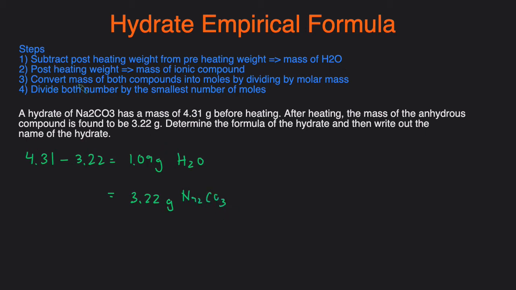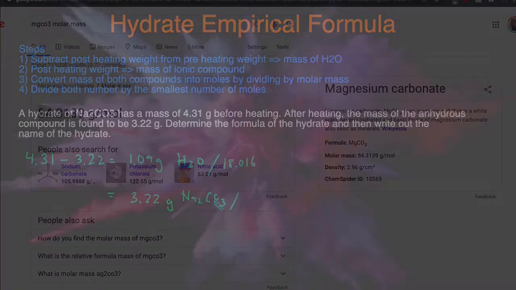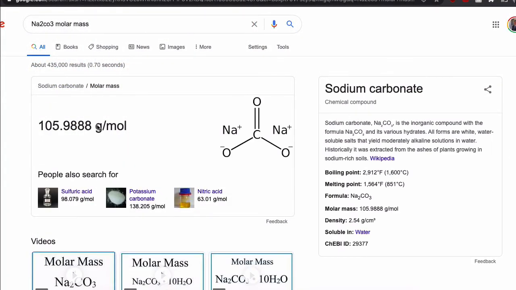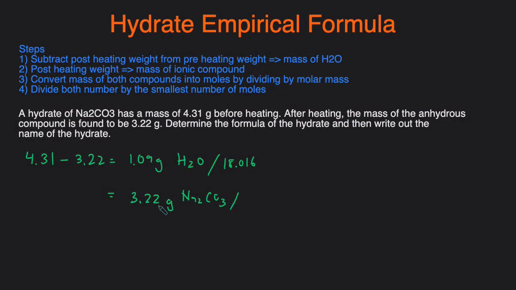Next, we're going to divide the mass of the water and the mass of the ionic compound by the molar mass to get into moles. So divide that by the molar mass of water, which is 18.016, and divide that by the molar mass of sodium carbonate. Let's take a look at what that is. That's going to be approximately 106. By doing so, we can get the moles of each.